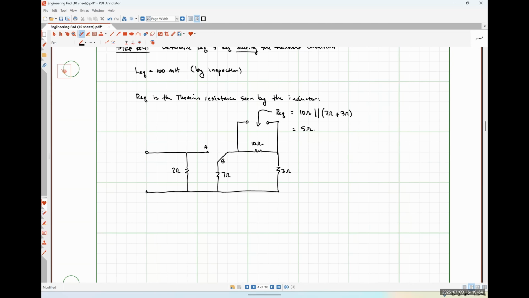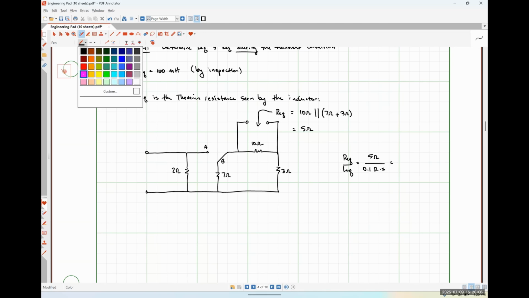So what I'm going to do now, and the reason for this should be pretty obvious in a moment, is over here to the right, I'm just going to say that REQ divided by LEQ, so that's going to look like 5 ohms divided by our LEQ, which was 100 millihenries or 0.1 Henry, where a Henry is a volt second per ampere, also known as an ohm times a second.